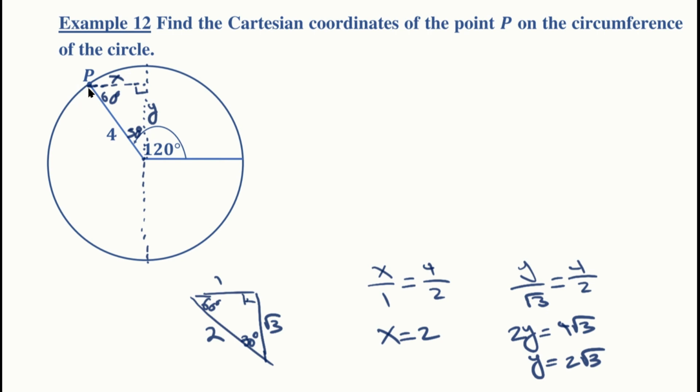So the x will be actually -2, and the positive y value there will be 2 radical 3. All right, so one thing that we have to assume here is that the center of that circle is 0, 0, right? So as long as we assume that, that's going to be the Cartesian coordinates of the point P on the circumference of this circle.